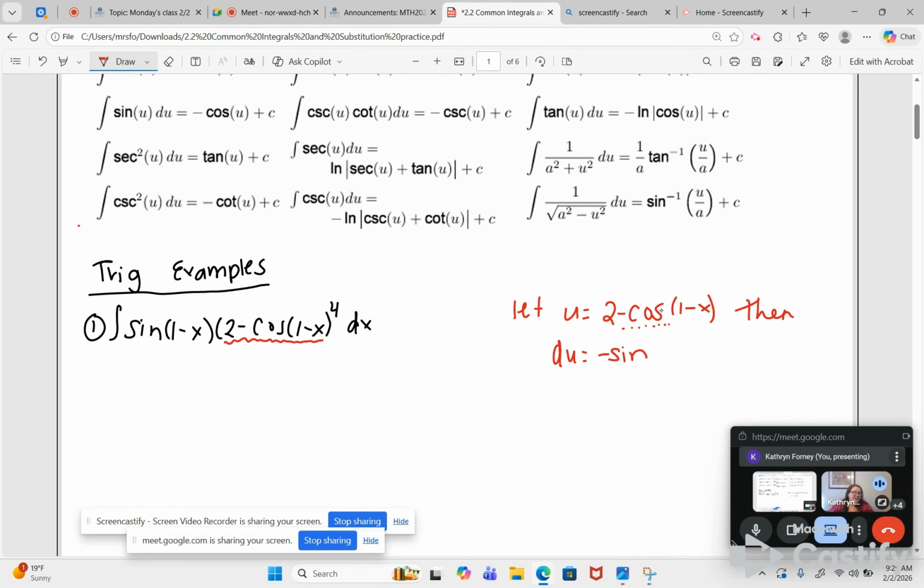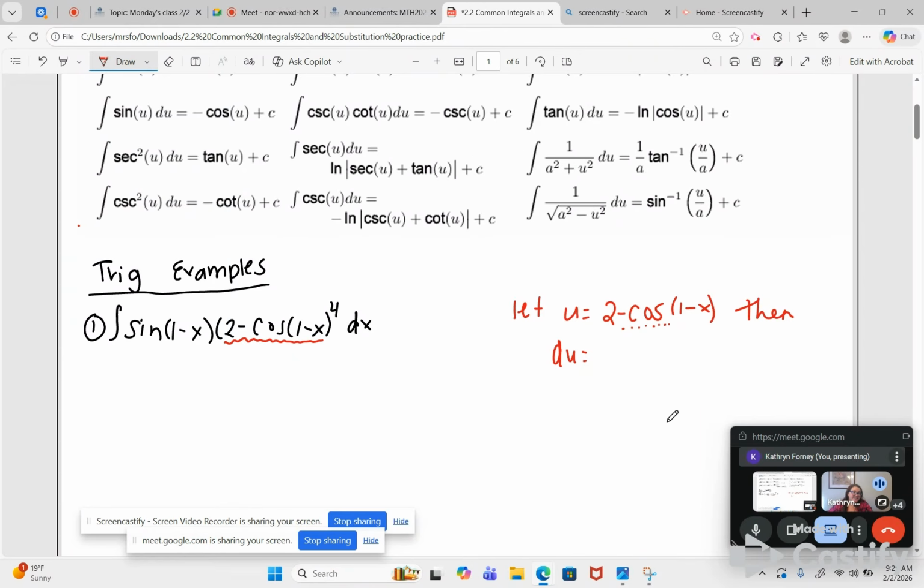But when we take the derivative of cosine, oh, hold on. I was just doing the antiderivative. We're supposed to be taking the derivative. What's the derivative of cosine? The derivative, not the antiderivative. So the derivative of cosine is negative sine.